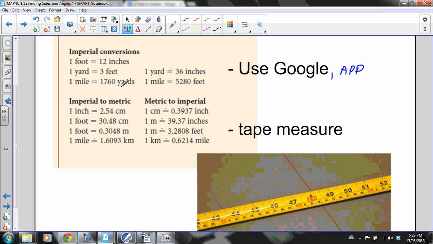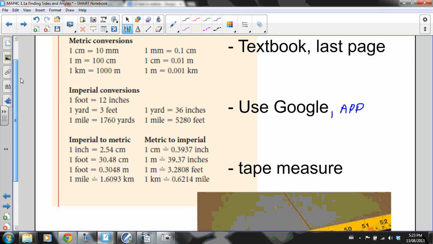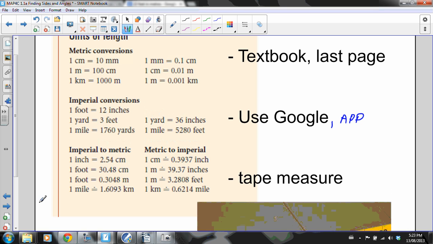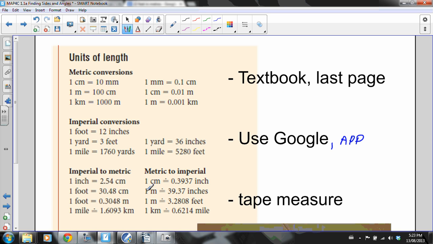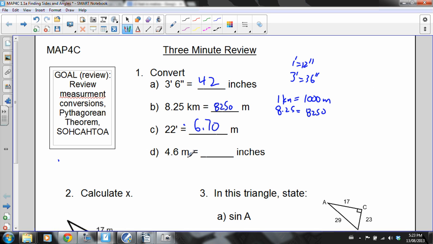So now let's get back to sort of the textbook way to do it. In the textbook way, we got to find the right fact. We're going from feet to meters. We already have the right answer, so we'll be able to check it. Feet to meters, there it is right there. So 1 foot is 0.3048 meters.